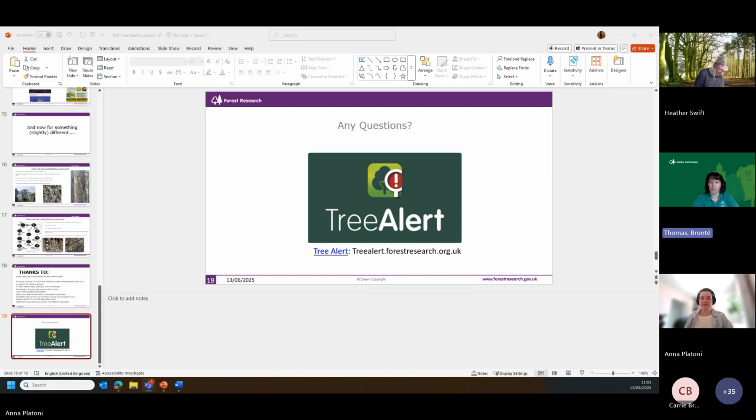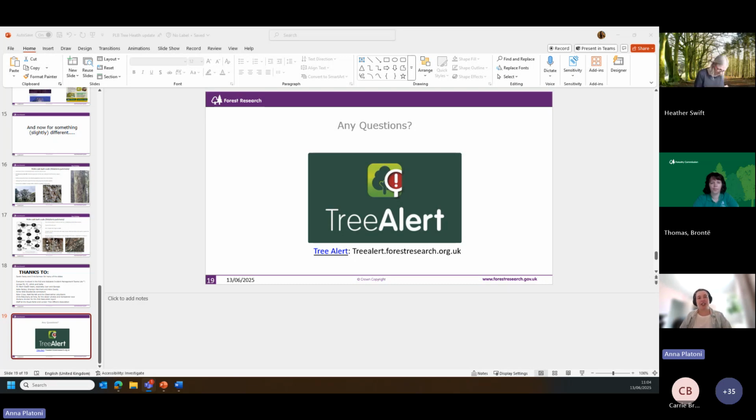Also in the chat, Sophie Price plugged Pest Watch, which is a project by DEFRA and Forest Research with iNaturalist. From your perspective, is Tree Alert the preferred option for reporting if people do spot things? Yeah, for us, always Tree Alert. We do monitor iNaturalist, but the advantage of Tree Alert is that we ask a lot of questions, which can feel a bit arduous to fill in, but it means we come back to you with a lot fewer questions.